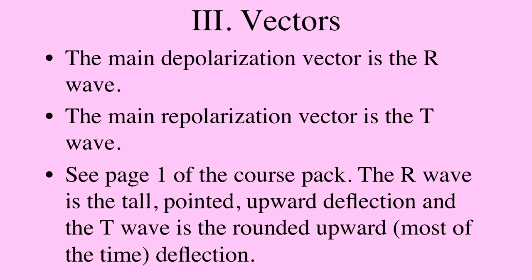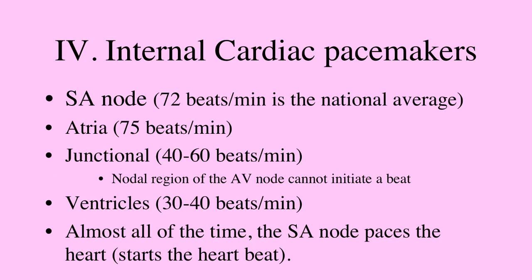We'll get back to the waves in a few minutes, but I want to conclude this little section with the idea of this starting the heartbeat again, going back to the first information. The SA node is generally the point that starts the heartbeat, and the SA node is an average of about 72. Now this can vary a lot from person to person, and this is at rest, but that's generally the starting point.